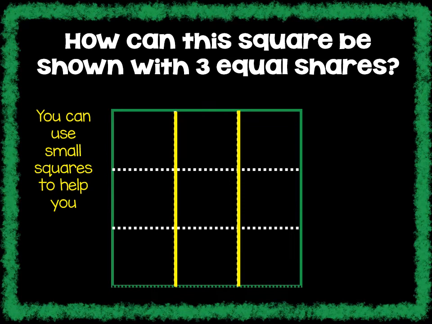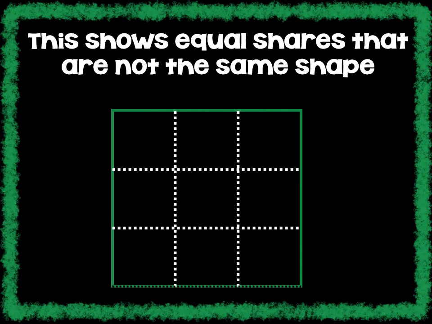So I could divide it this way. So in the last example and the example before that, the shares that we made were the same size and they were also the same shape. But in this case, let's see if we can divide this square differently into 3 equal parts that are not the same shape.